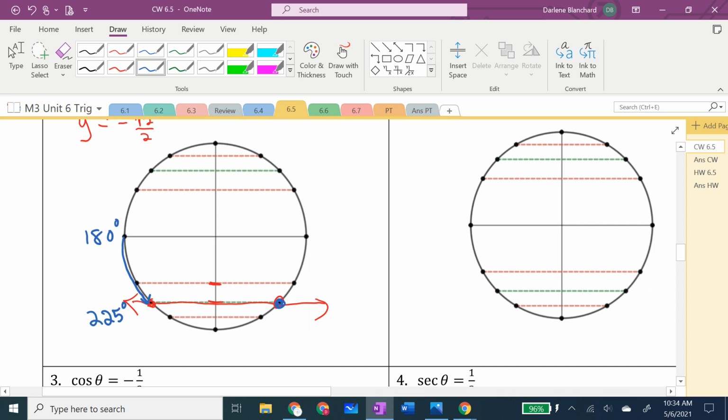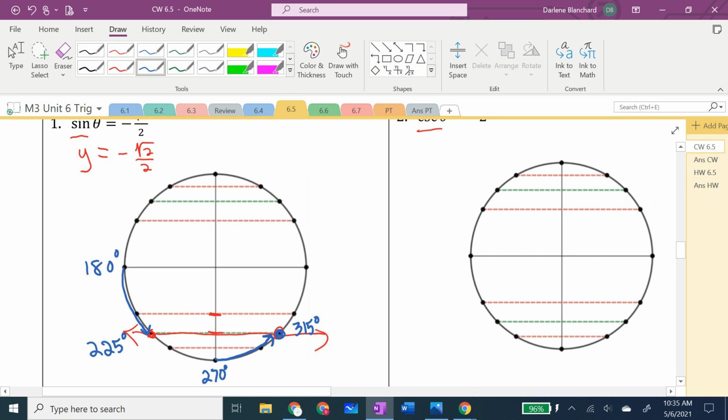What is this angle over here? 270 plus 45 degrees. So the answers are 225 degrees and 315 degrees.